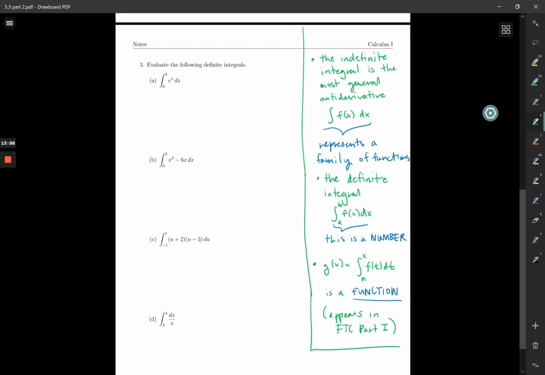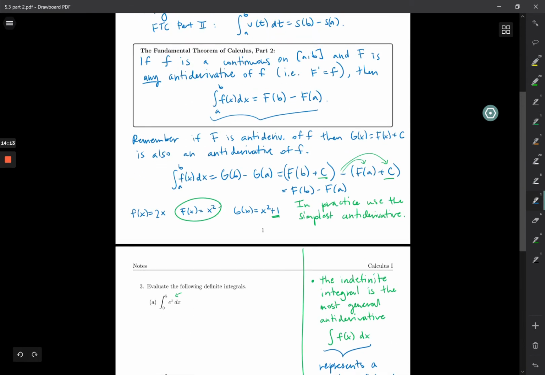Okay, so let's go ahead and do some of these examples. So what we want to do is first determine an antiderivative for the function that's inside of the integral, right? So here we're trying to use the fundamental theorem of calculus, which is right up here, and we want to use it to evaluate these definite integrals.